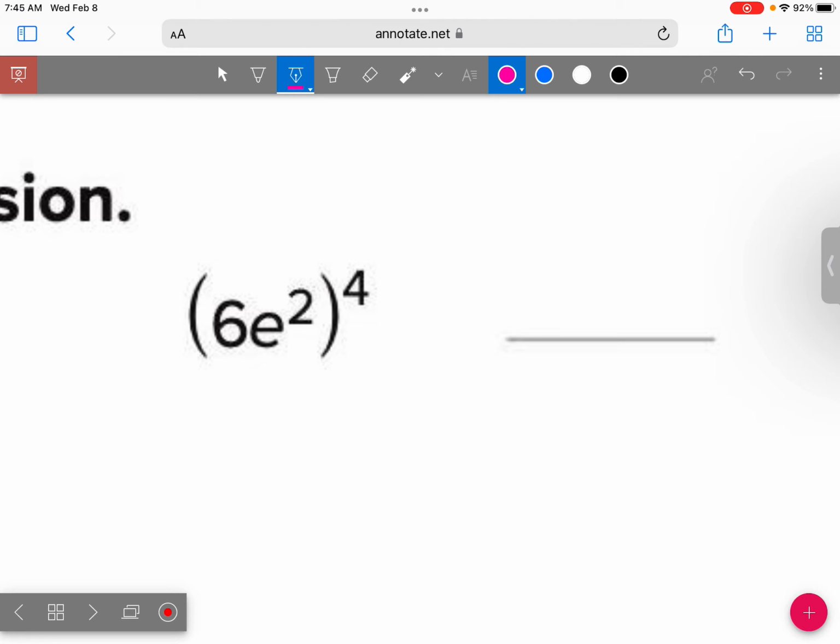6e squared to the 4th power. What's 6 to the 4th? Sorry, 6 to the 4th. Yep, 1296. And then what's e squared to the 4th?